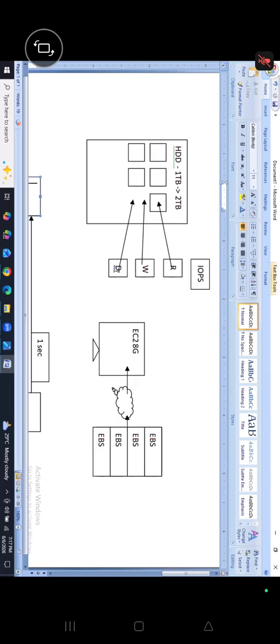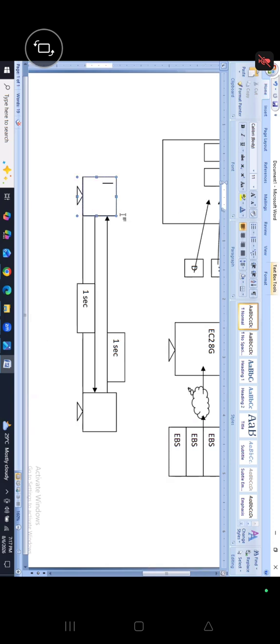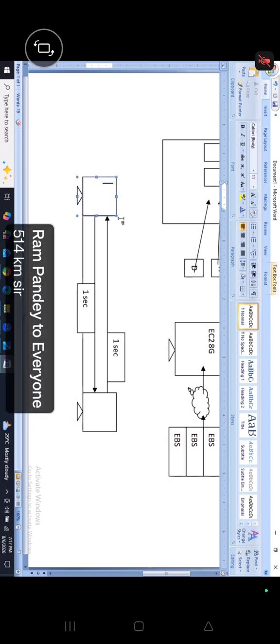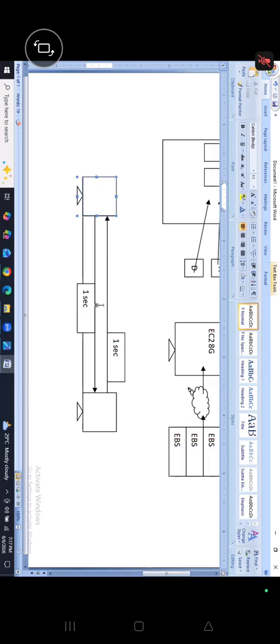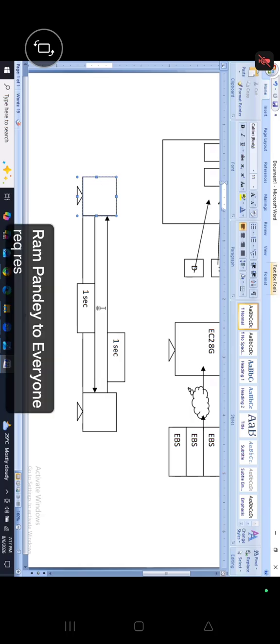What is throughput? How much data we are reading per second, writing per second, deleting per second, that is called throughput. What is latency? Request and response time, that is called latency.